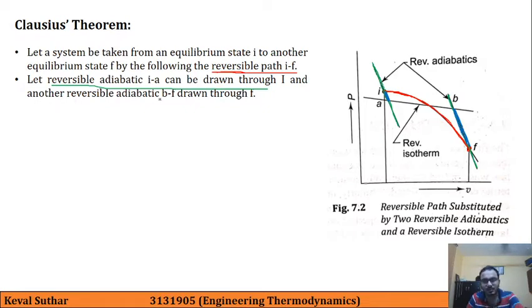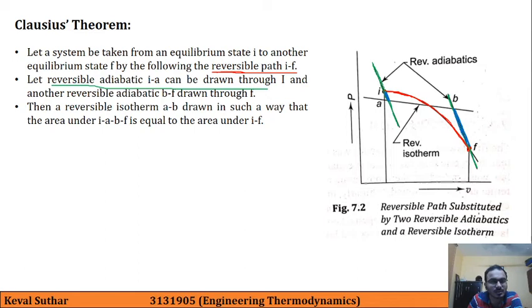And there is another process, which is a reversible isotherm A to B. So this is another process, A to B, this one.